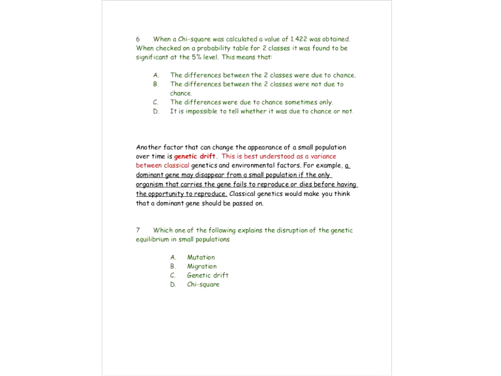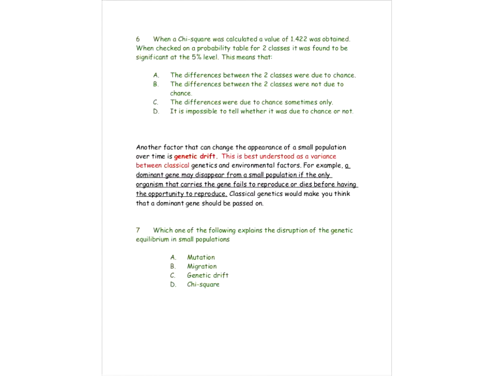And so if we go on to this question here, it says when a chi-squared, so we either talk about it as chi-squared or x-squared. X is kind of chi in the Greek. So when it was calculated and a value of 1.422 was obtained, and we looked at a probability on the table for 2 classes, we found it to be significant at the 5% level.